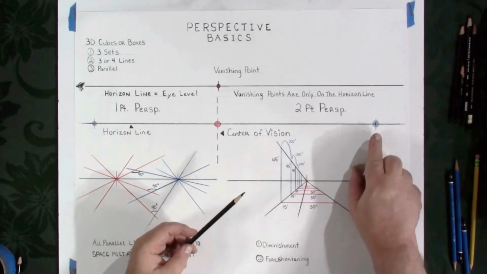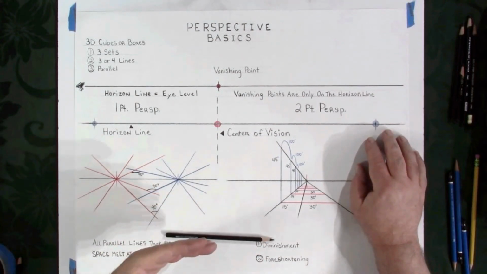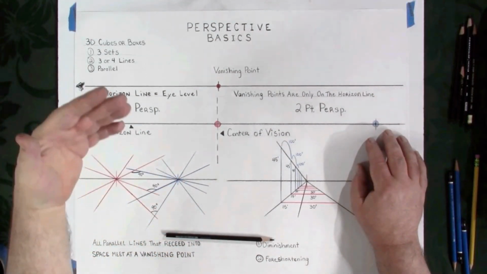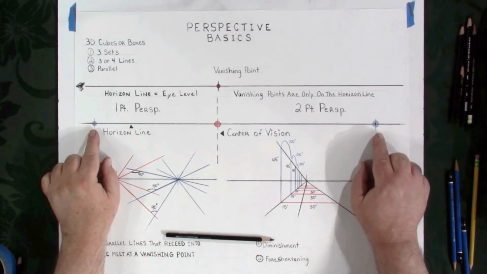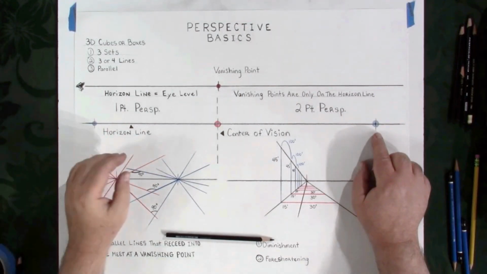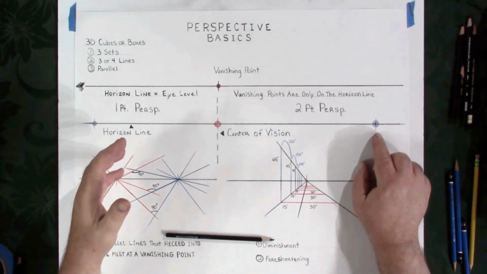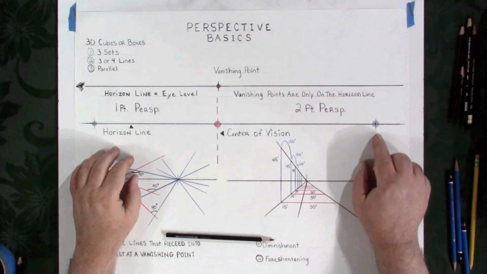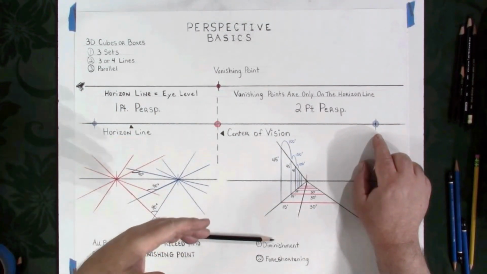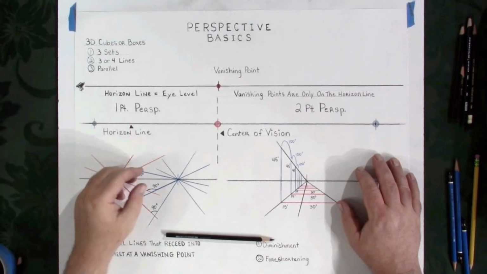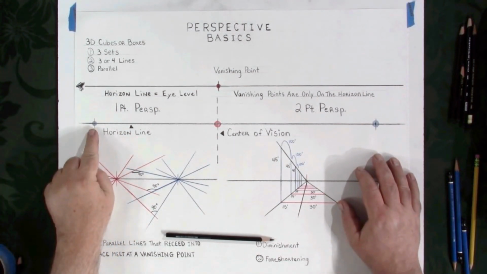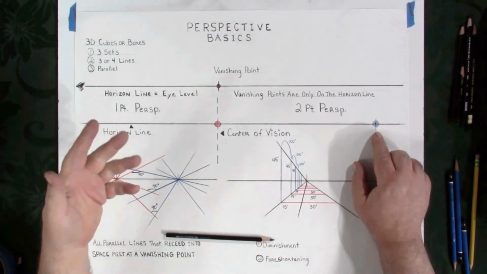Now, the vanishing points represent this large distance. People will say they represent infinity, and that's correct. But when anyone uses the word infinity, my brain starts to spasm a little bit. I know what infinity means, but I do better with an actual depth. Some people say it's a distant star, and I like that one better.